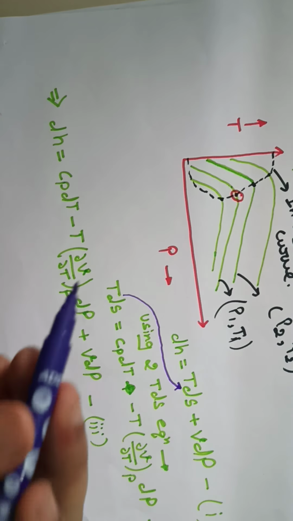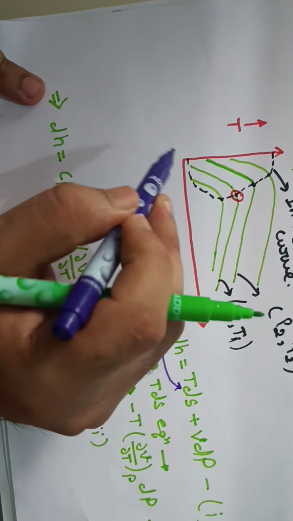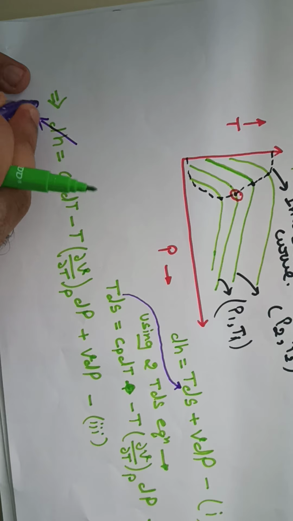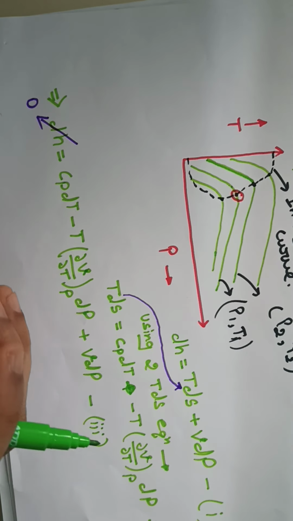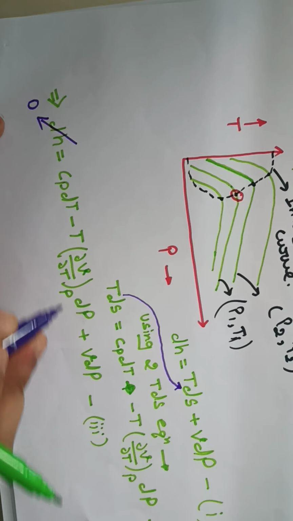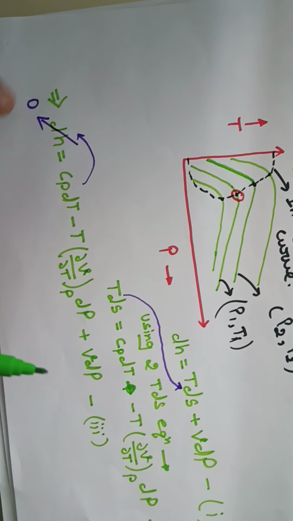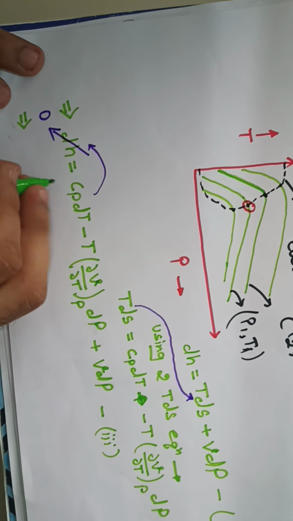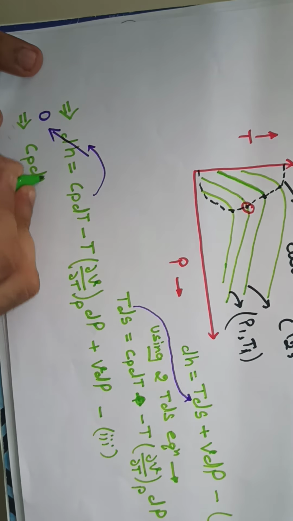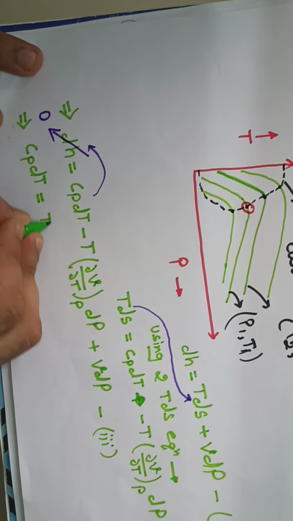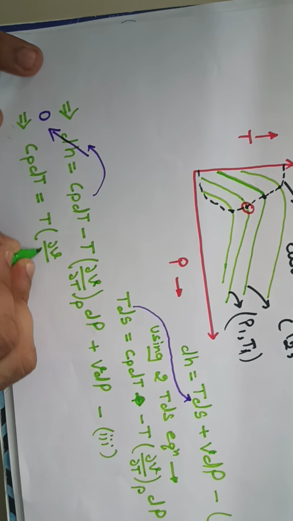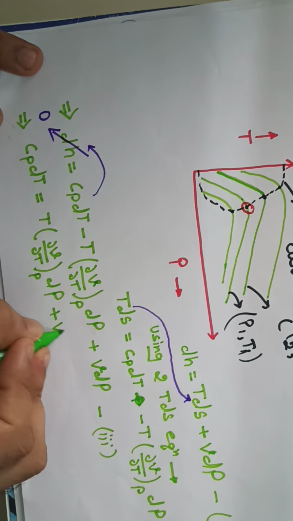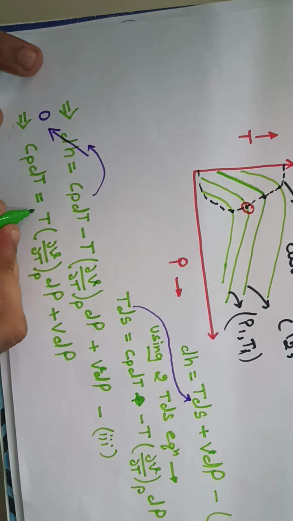Now we know that the throttling process is an isenthalpic process. We just proved it a bit ago. So the change in enthalpy will be 0, and if the change in enthalpy is 0, we can bring this term to this side, and doing so we get Cp dT equals T times (∂V/∂T) at constant pressure into dP, minus V dP.